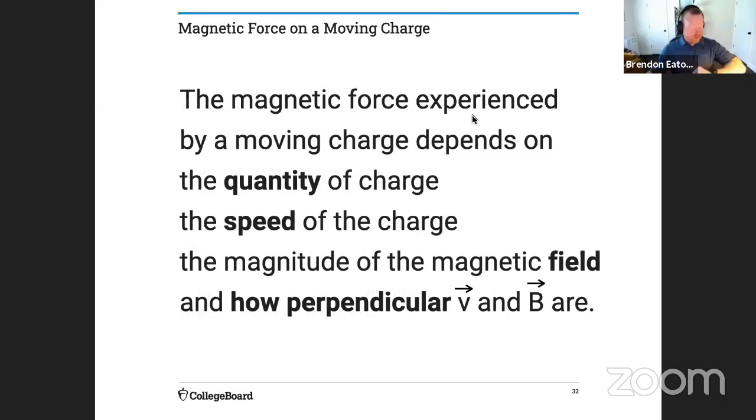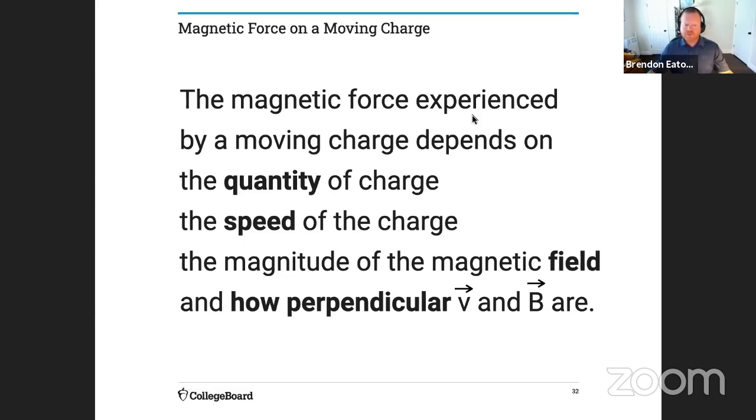Yeah, that's good advice. The magnetic force that a charge experiences has to depend on the quantity of the charge in terms of coulombs, how many coulombs of charge you have, the speed of the charge in terms of meters per second, and the magnitude of the magnetic field, which is in terms of Tesla, and how perpendicular velocity and magnetic field actually are.